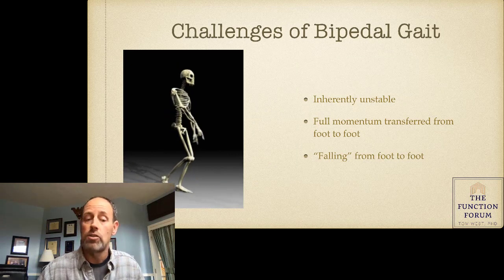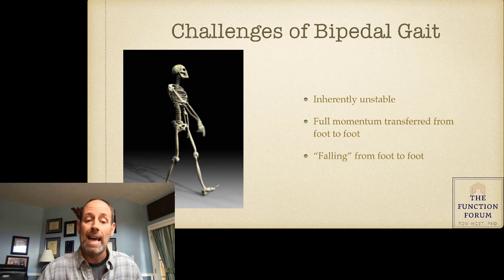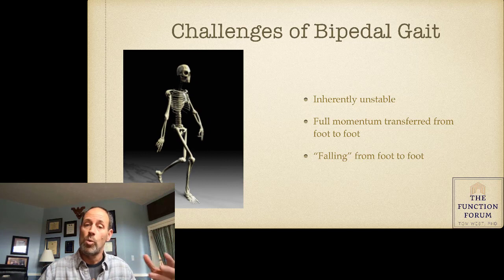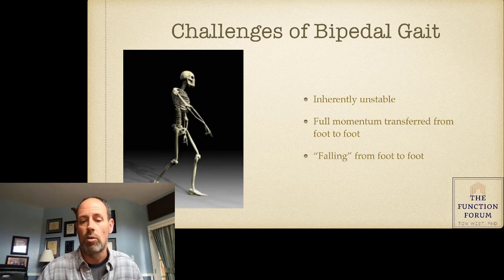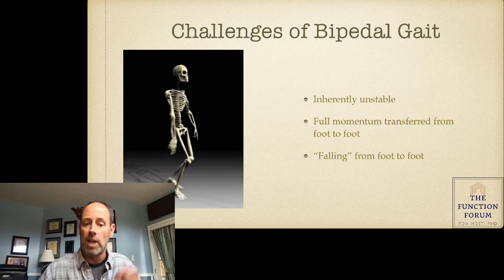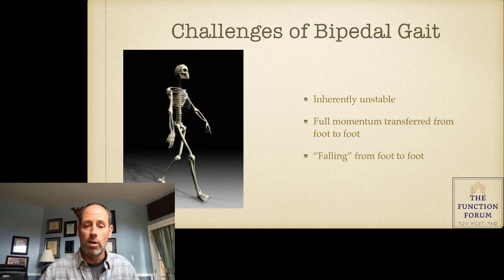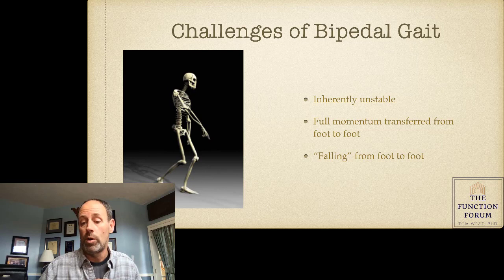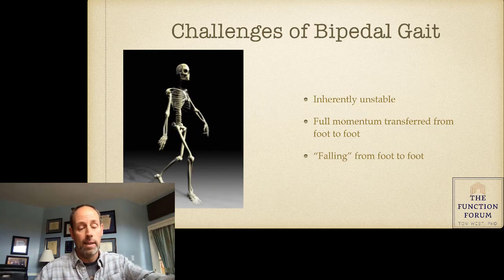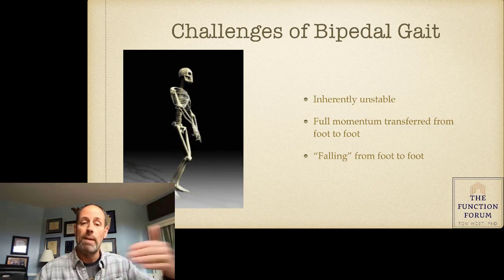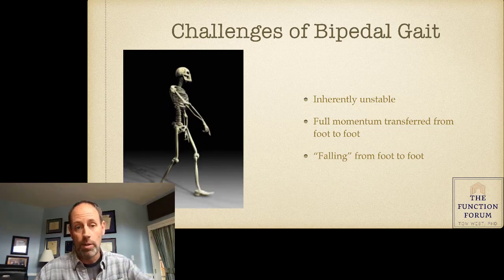Some of the challenges, though, of walking upright is that this position is much more unstable than if we were to walk on all fours, like a horse or a dog. The other challenge is that once we start to fall forward, which is what's happening in a walking gait on two feet, we constantly are throwing our body weight, our center of mass, forward, and then catching it with our other foot.